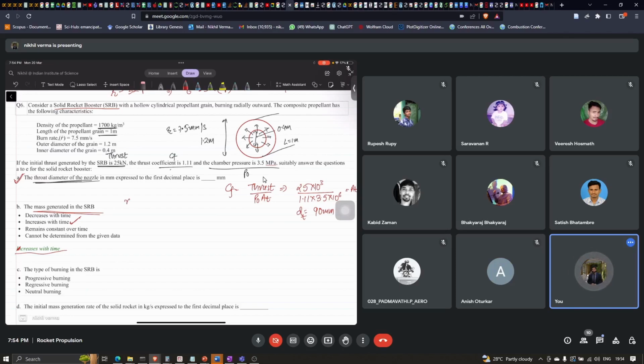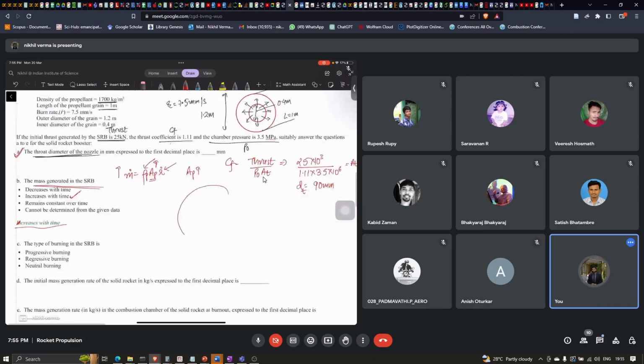So the mass flow rate is just rho of the propellant, A of the propellant into r dot, right? The pressure is constant inside the chamber, so the r dot is fixed. Density is fixed. If the area of the propellant increases, the burn surface increases, so the mass flow rate should increase, right? Initially we have this area, say A1, and this is A2.